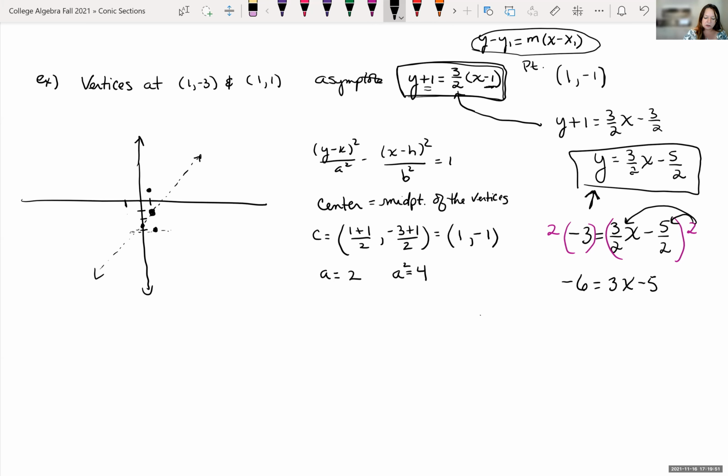So we have negative 6 equals 3x minus 5. Let's add 5 to both sides. So we get 3x is equal to negative 1. And so x would have to be then negative 1/3. So that's the x value where this is crossing.